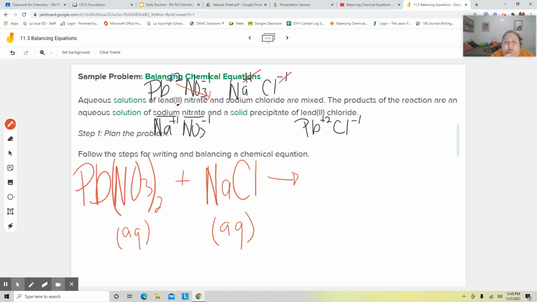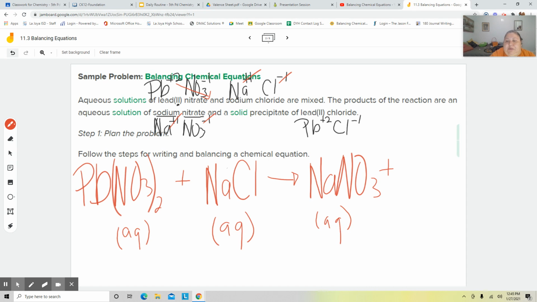And it's going to yield sodium nitrate. +1, -1. If it's always the same number, it cancels out. And you just write the elements. NaNO3. And it's also aqueous, so let's put in there the physical state.